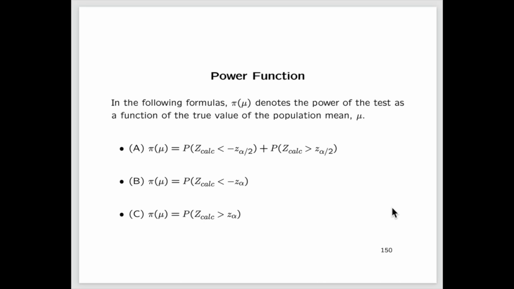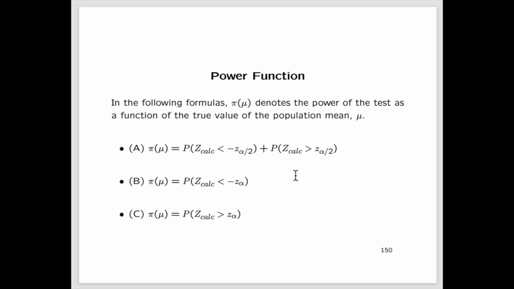Now, for a two-tailed test, consider the probability of rejecting the null hypothesis when the null hypothesis is false. If mu is a value such that the null hypothesis is false and the alternative hypothesis is true, then the power at that value of mu is given by the sum of the probability that zcalc, our test statistic, is less than negative z sub alpha over 2, and the probability that zcalc is greater than positive z sub alpha over 2.